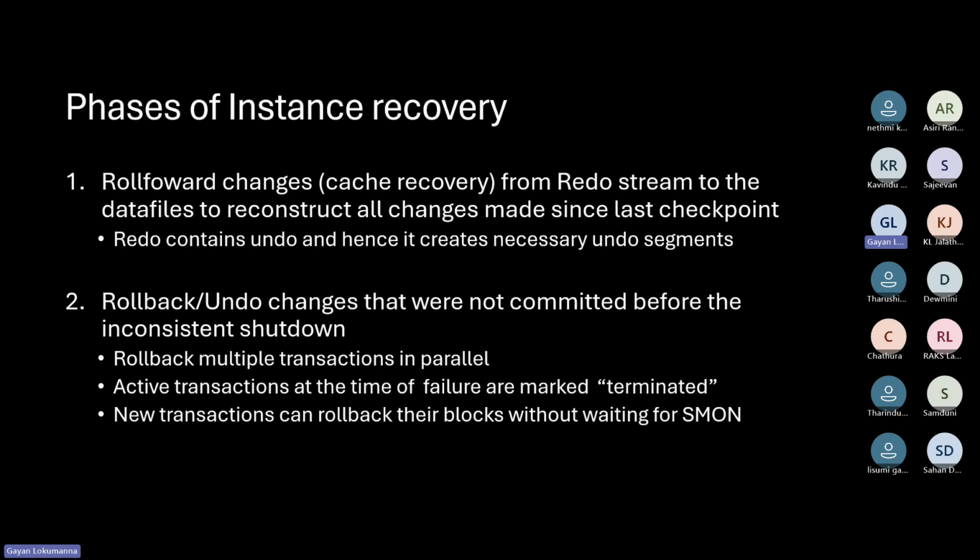Now, once the roll forward is finished, the next thing that is going to happen is the second phase, which we call rollback. In rollback, what happens? I told you the entire redo stream from the last checkpoint SCN had been applied, so it knows some of those transactions are not committed.